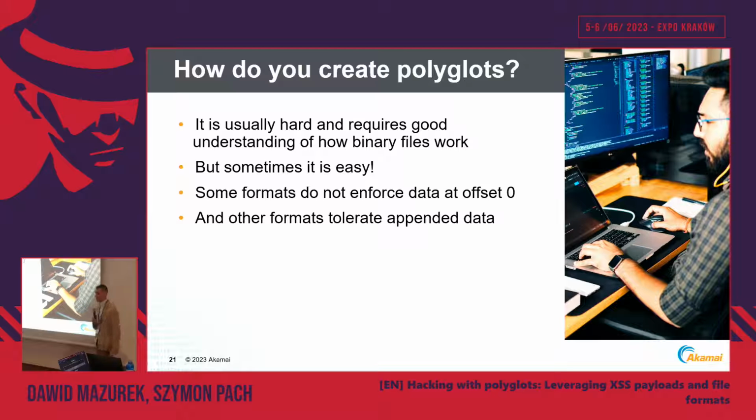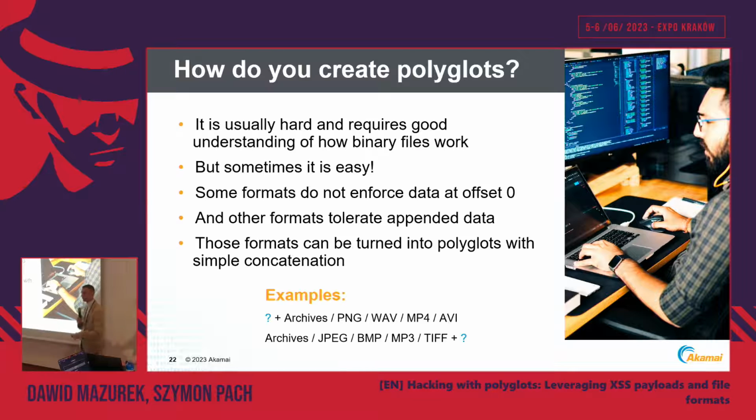So we can easily tolerate appended data at the beginning or at the end of the file. The specific file formats which allow us to append data are mostly archive files.